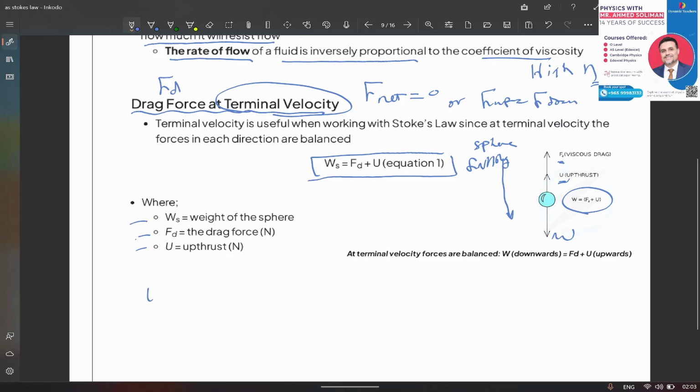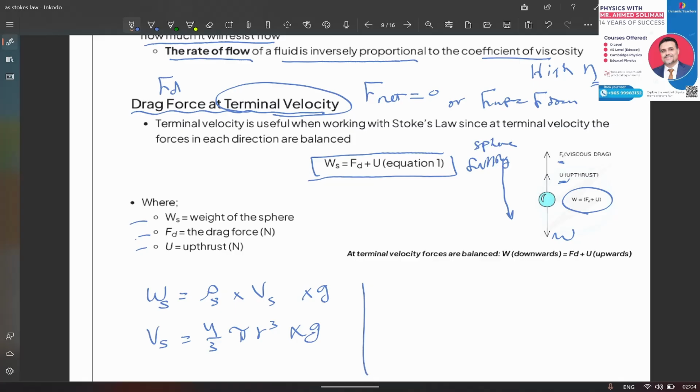What after that? Weight of the object equals rho object multiplied by V object multiplied by g. Of course V object, which is V sphere, we can write as V sphere equals 4 over 3 pi r cubed, multiplied by g.